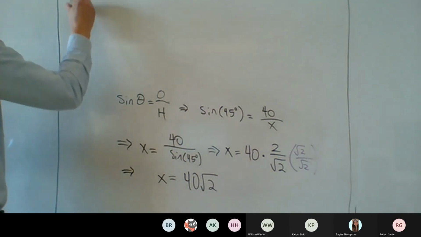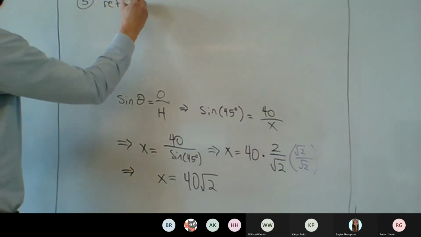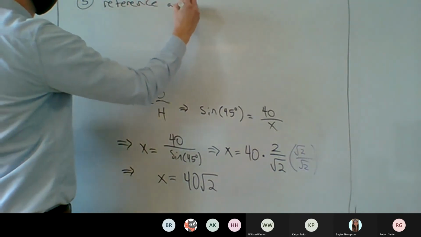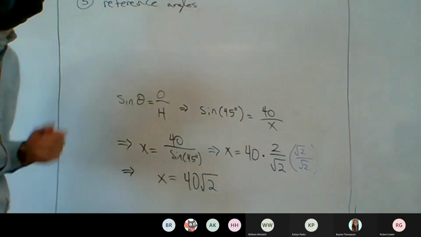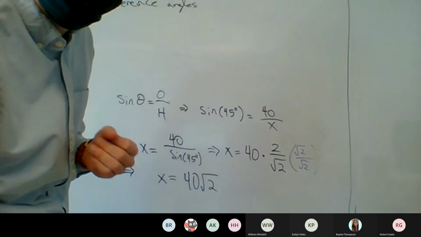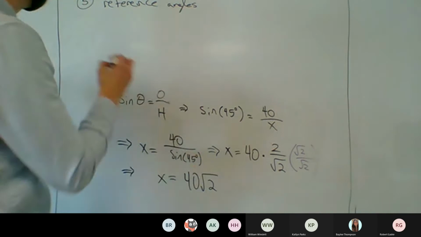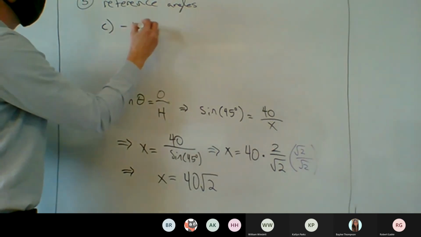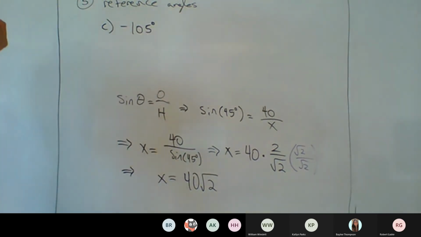Number 5 is finding reference angles. I'm not going to do all of them because there are 3 parts. I'll do part C, which is negative 105 degrees.